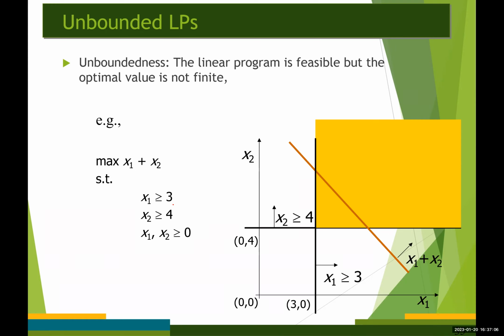So in our case it is a maximization problem, right? So in this case, this is the isovalue line, right? This is the isovalue line. And we need to move the isovalue line to the northeast direction to improve its objective function value, right?